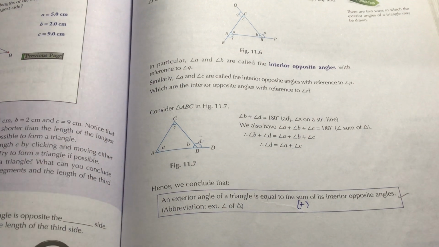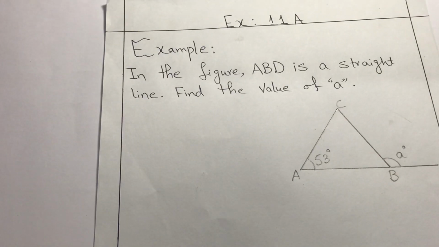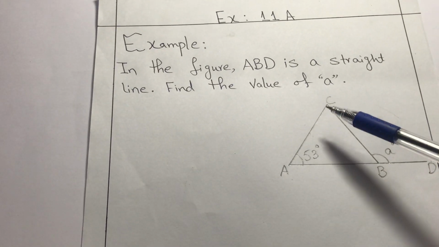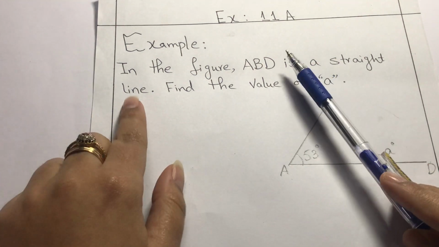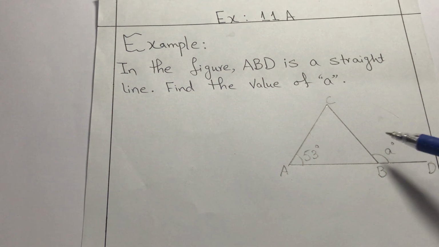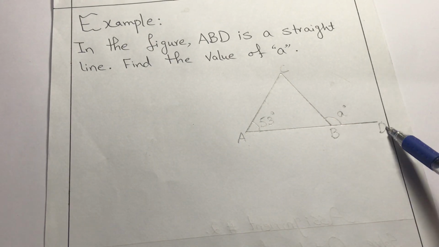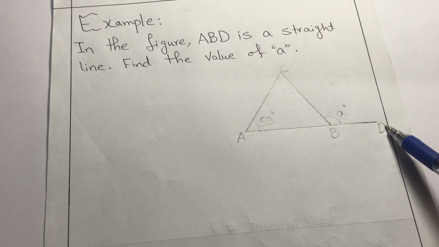Now let's see how we can solve the sum using this property, right? Now I'm going to solve an example for you. Your example is, in the figure ABD is a straight line. You can see ABD is a straight line, right?